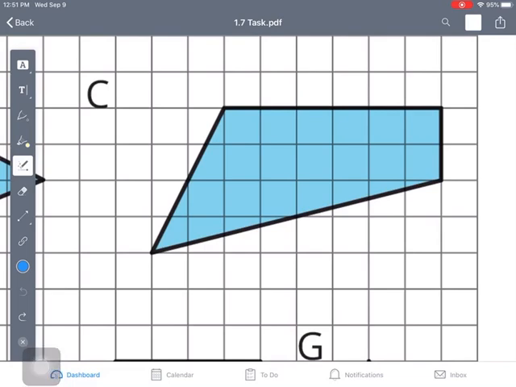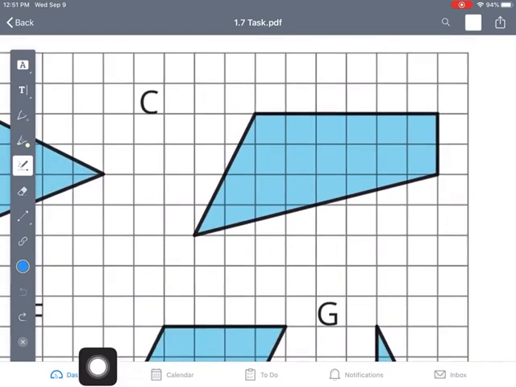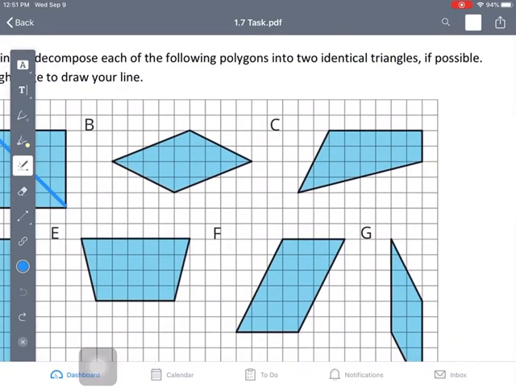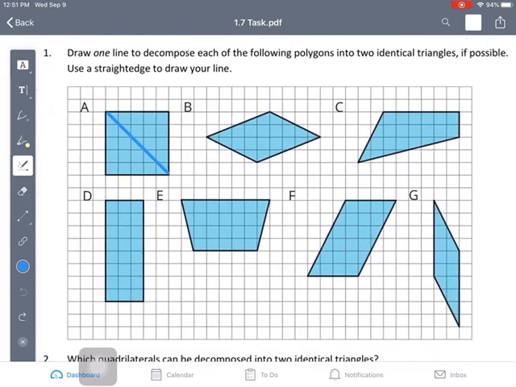So there is no way that I could draw. I mean, I could even try and do this in the middle, but still, this side does not equal this side. So there's no way for me to split this to where it would be two equal triangles. So you're going to have to continue that with the other ones and see which ones work, okay?